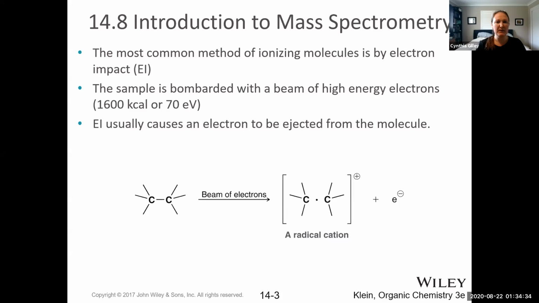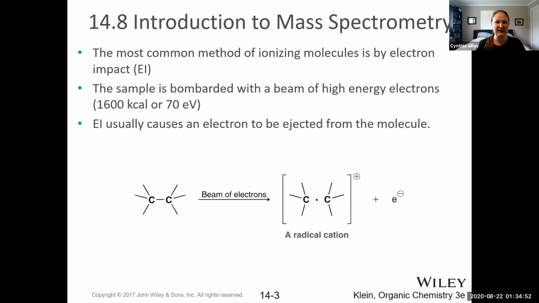So the most common method of ionizing molecules, and really the original method, is the electron impact, which was what you saw in the picture on the last slide. But there are other methods of creating ions, including ones we'll talk about later.